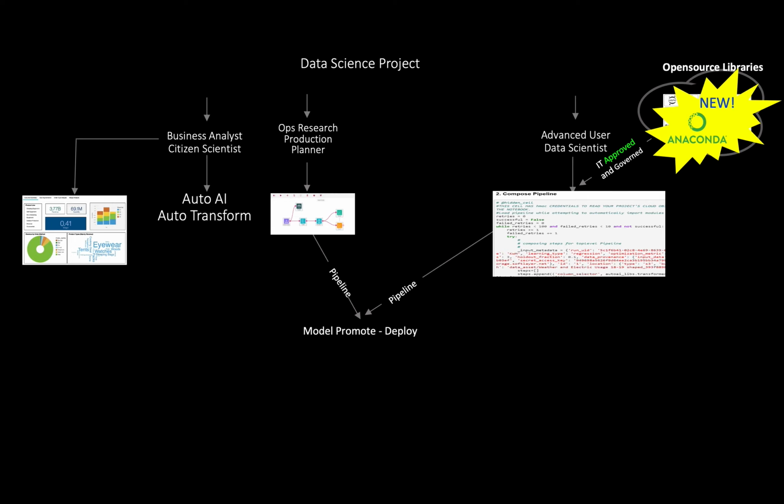Auto AI gives the business analyst the ability to create predictions from something as simple as an Excel spreadsheet. All the business user does is provide data to the Auto AI experiment, and select a column to predict. Let's just say, will this customer churn, yes or no, to a competitor based on the data.